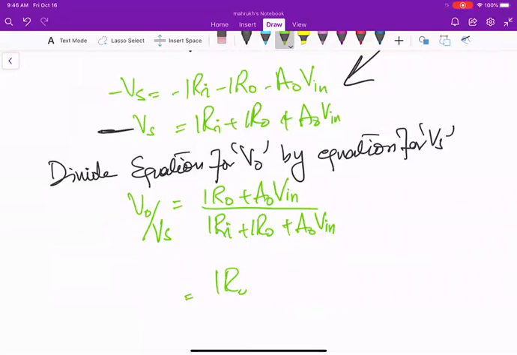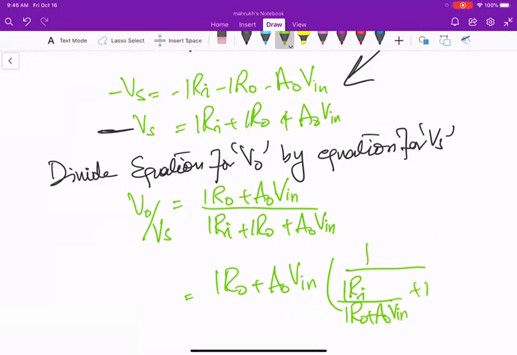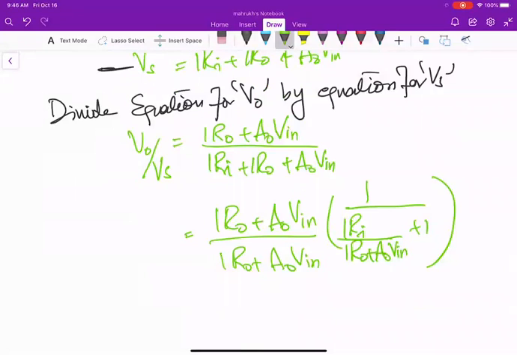So I can take this common. Right? Is it clear?